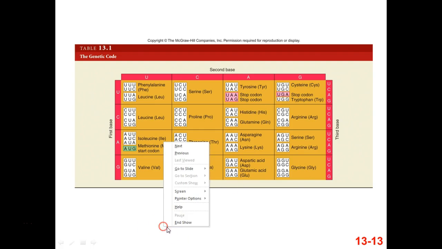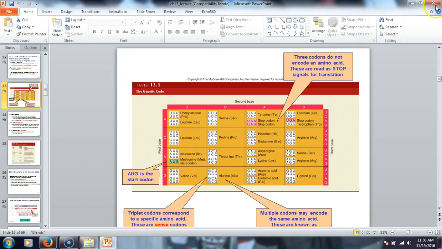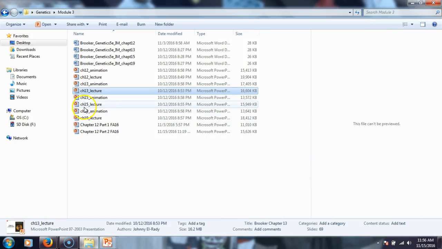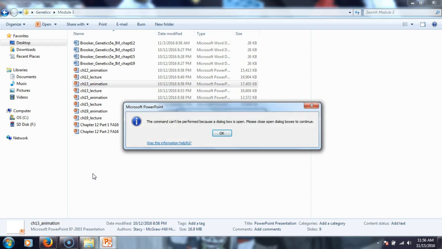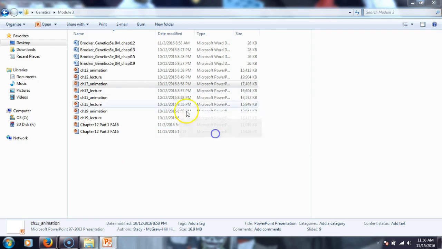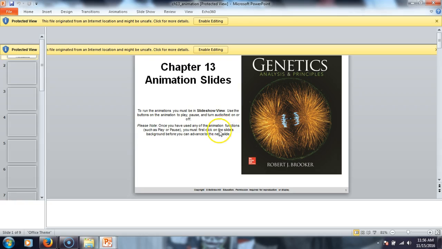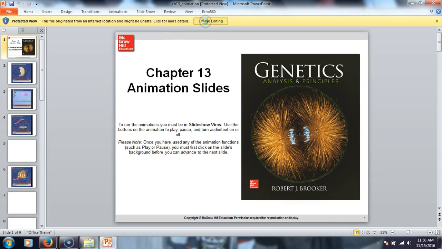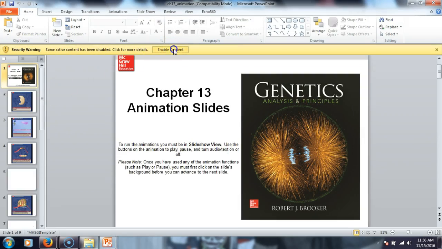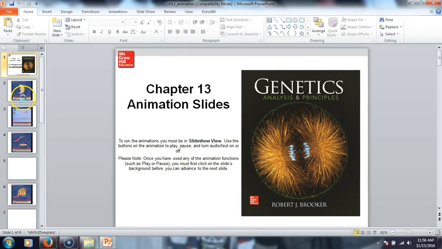So I know that for translation, they do have a very good animation. Okay. Did it open? It's opening. So I'll post this for you guys, but it's in your book, right?